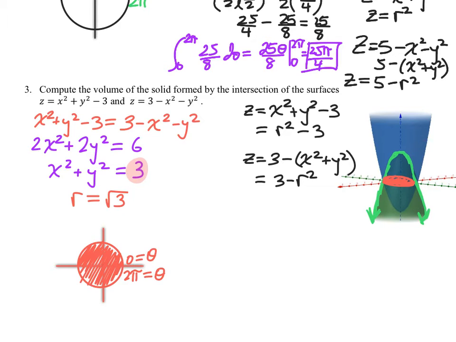You would just want to say, all right, if r is equal to 0, what would z be? All right, so if you haven't gone outward on the xy plane at all, so you're staying on the z-axis, where am I in terms of z? Well, for the first one, I'm 3 down, and for the second one, I'm 3 up. All right, so the second one would have to be the dominant function. All right, so this is my dominant function.